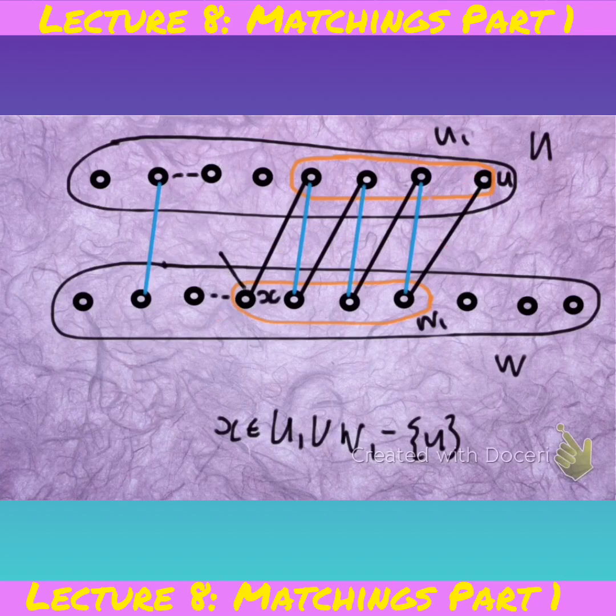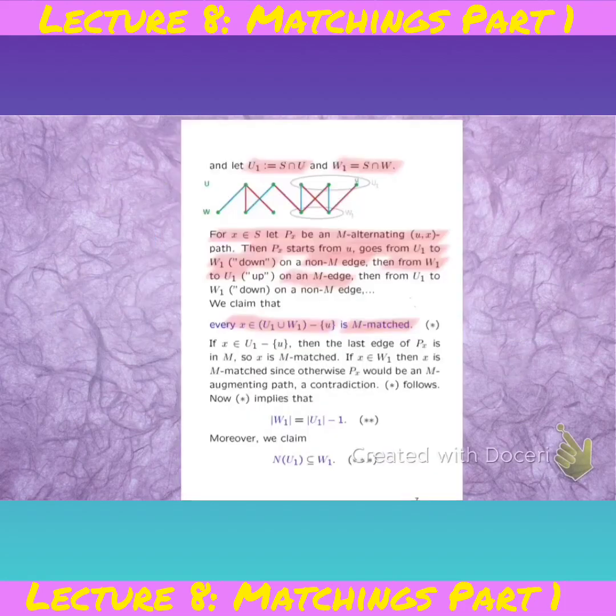So basically what we need to happen here is that there has to be somewhere a blue edge that is incident with X. So therefore X is definitely M matched.